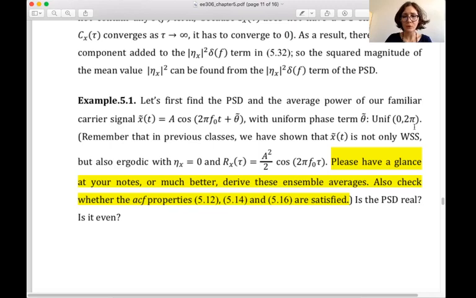We showed that this process is wide-sense stationary and also ergodic. We found the mean function of the process is equal to 0, and we found the autocorrelation function of the process. Now, what we are asked to do here is to determine the power spectral density and look at some of its properties. So it's going to be a review of some properties we saw last time. Okay, let's solve this question.